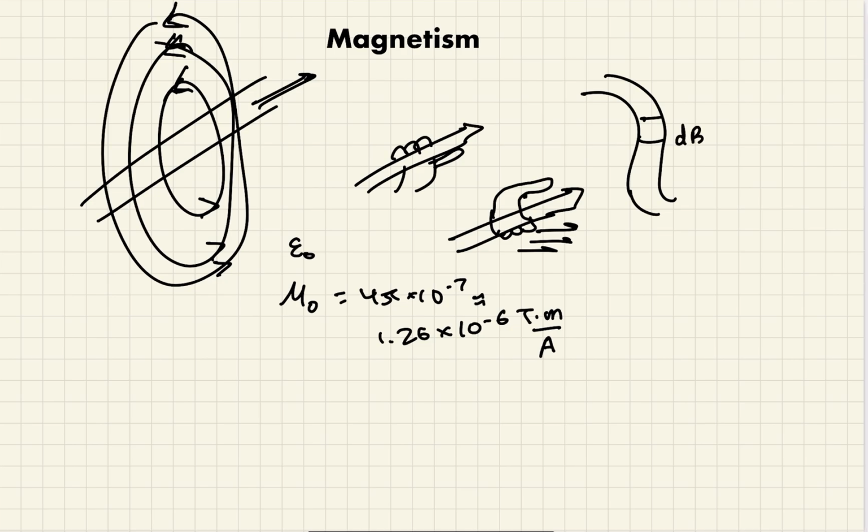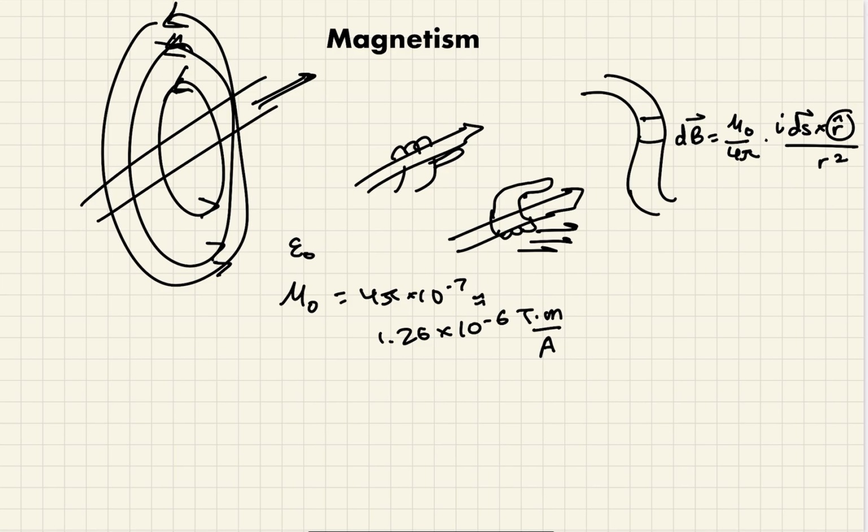The formula is dB, the infinitesimally small portion of the magnetic field generated, is equal to mu naught over 4 pi times the current in that small section times ds, cross product r over r squared.